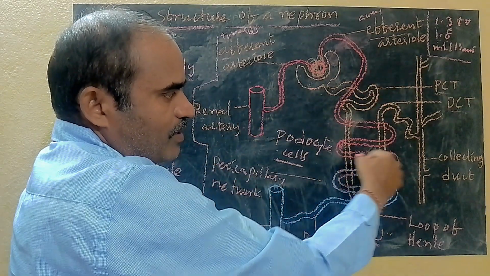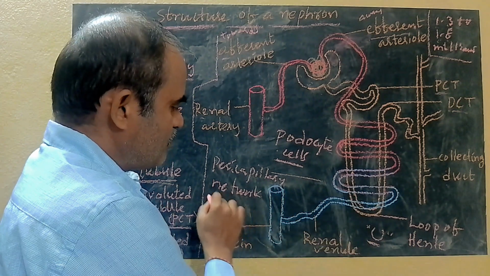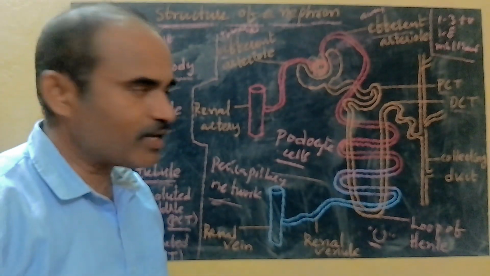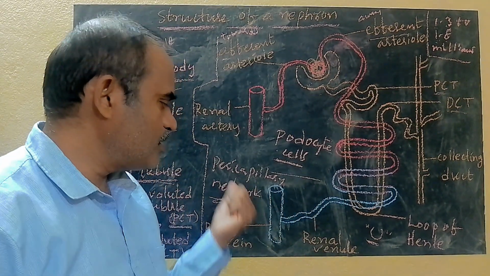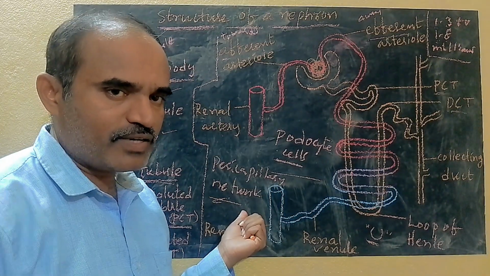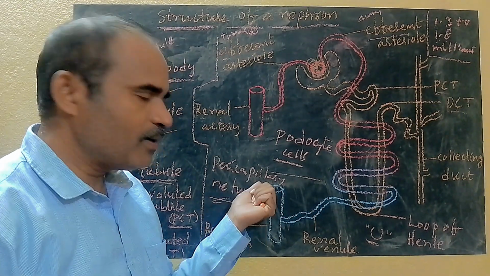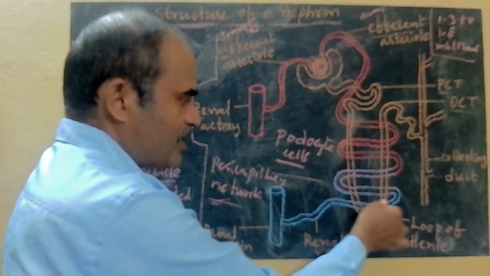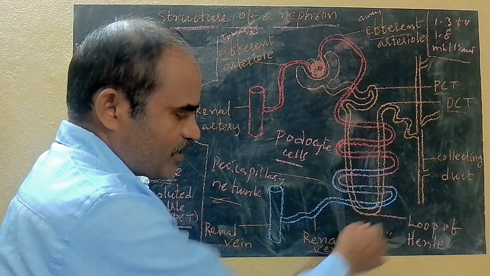Around the renal tubule, away from the glomerulus and efferent arteriole, they will be present. They are called the peritubular capillary network. The renal tubule is surrounded by very fine blood vessels called the peritubular capillary network.